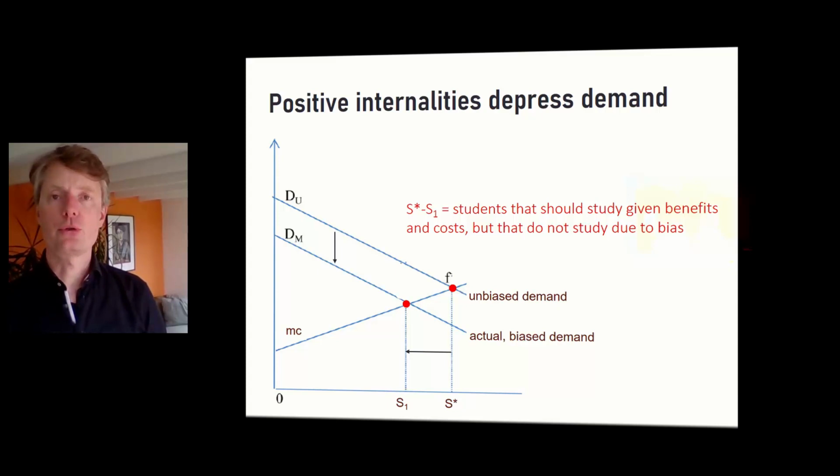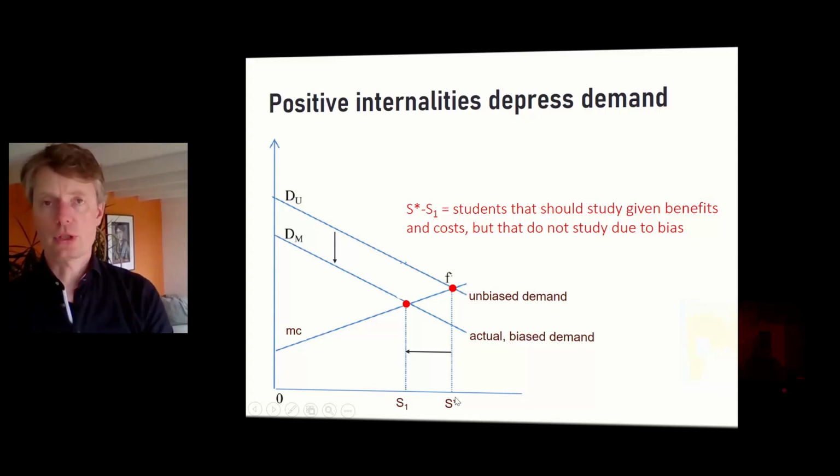S1 students study during the semester rather than S star. And do note that the students between S1 and S star would like to study during the semester. That is according to their preferences, but that's not what they do, because they are often in a hot state, so they do not take those future benefits into account when it comes to making the decision whether to study or not.